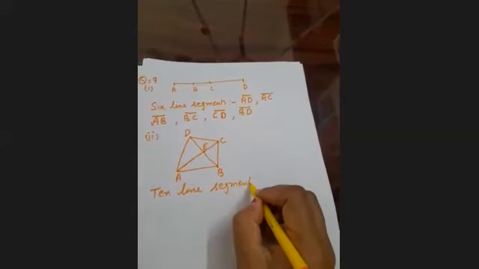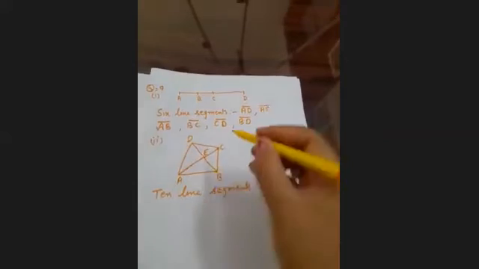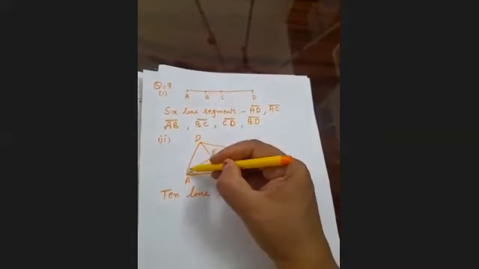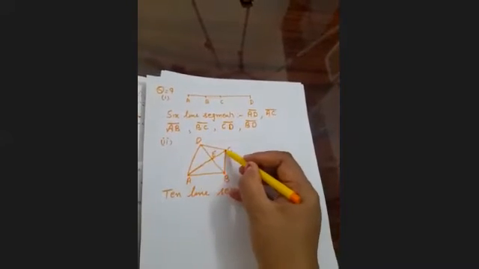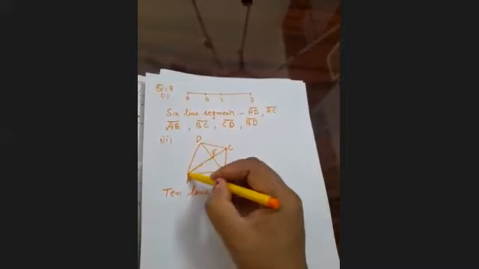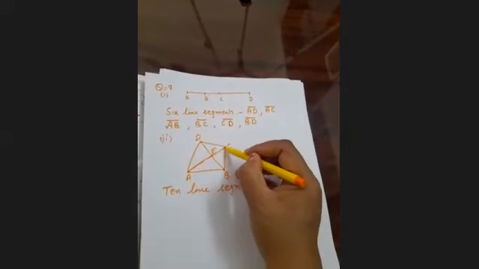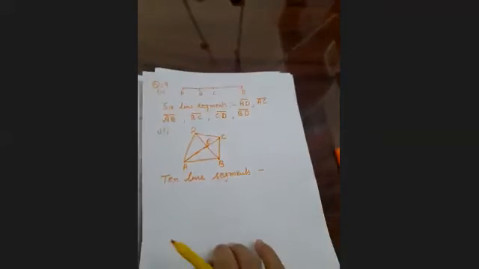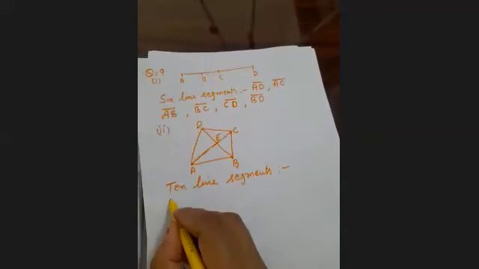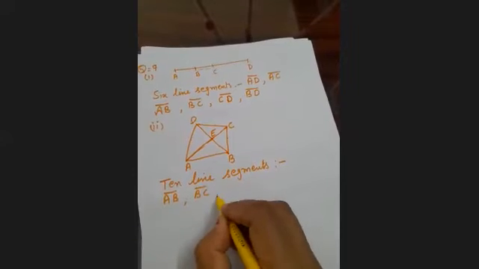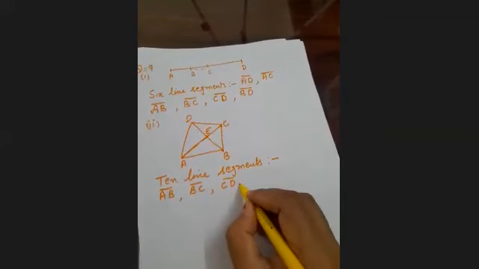In this figure, we have 10 line segments. Now name them. First is AB, BC, CD, and DE.